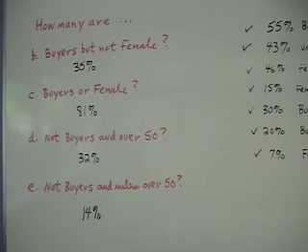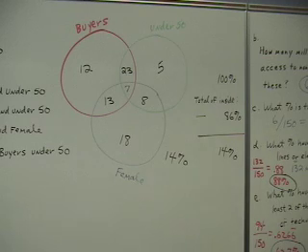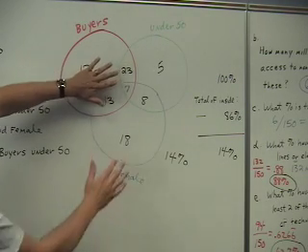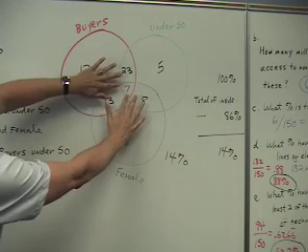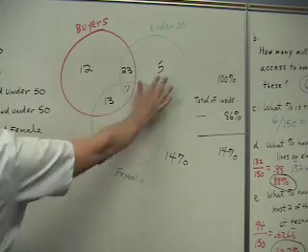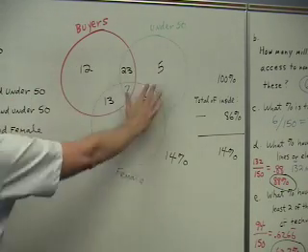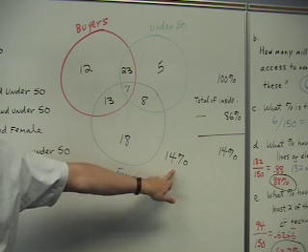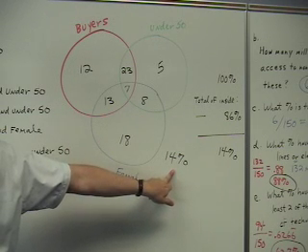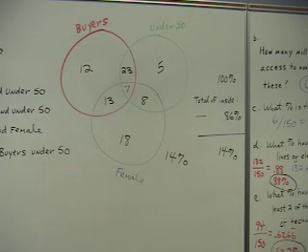Last but not least, in part E, you're not a buyer and you're a male over 50. Do you notice that we have 14%? How did we get that? Well, if you're not a buyer and you're a male, so you can't be female, and you're over 50, so you're not under 50, it's none of this stuff inside. So what's left? The 14% on the outside. That's the answer to part E.